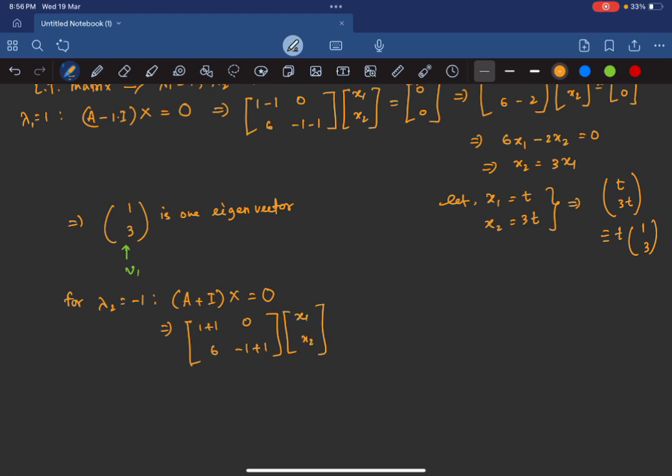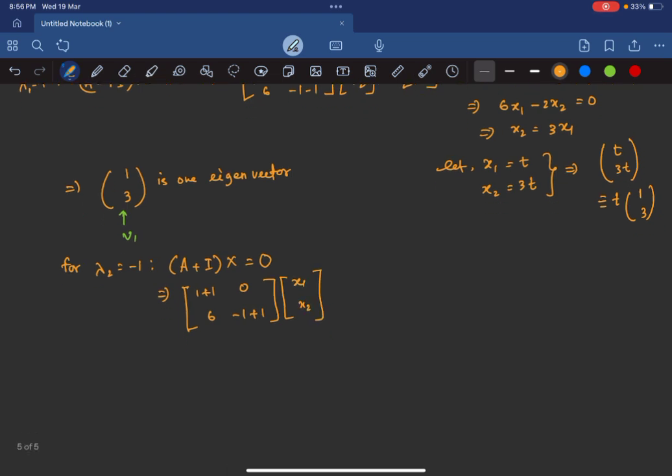Here we have x1 x2, here 0 0. So from here we are getting 2 0, 6 0, x1 x2, equal to 0 0.